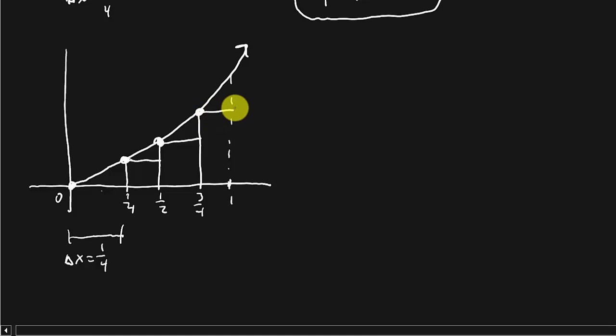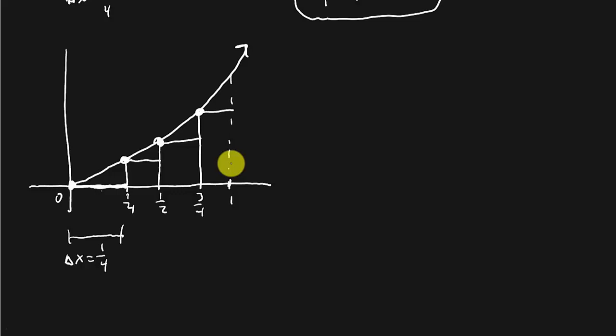And look, what's the height of that rectangle? Height of that rectangle is 0. You see that? It's right here. So we're not even including this area. The only areas we're including is this area, and this area. So the area we find here is going to be less than the actual area.